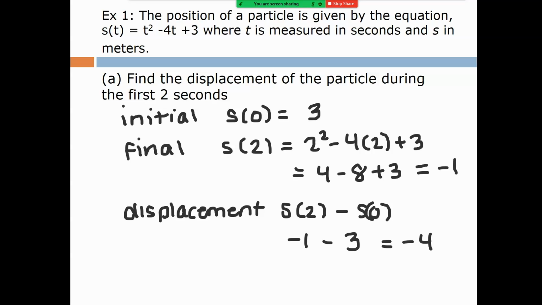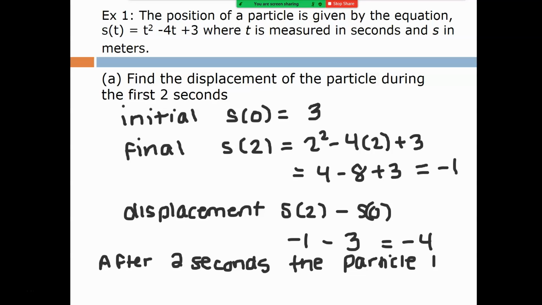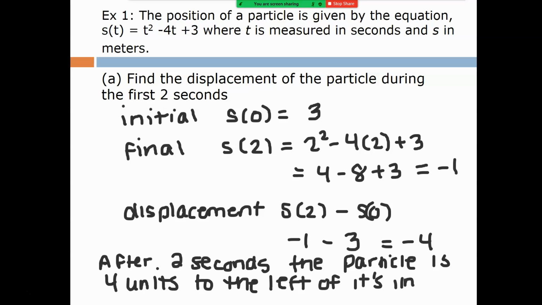which is negative 4. So what that means is that after 2 seconds, the particle is 4 units to the left of its initial position.